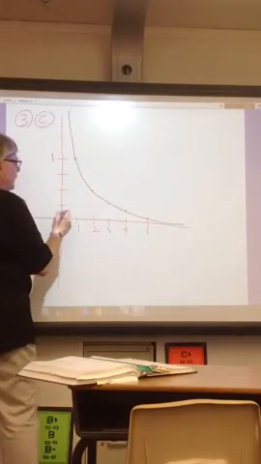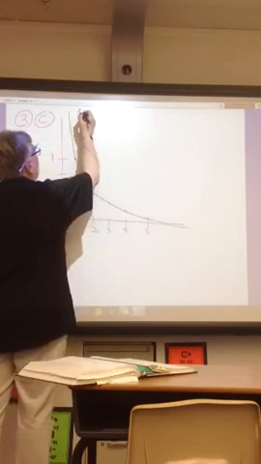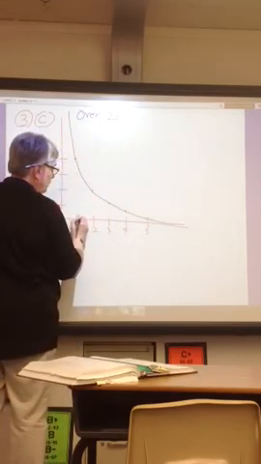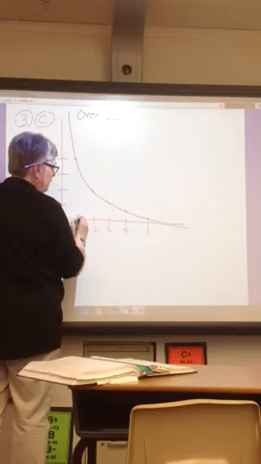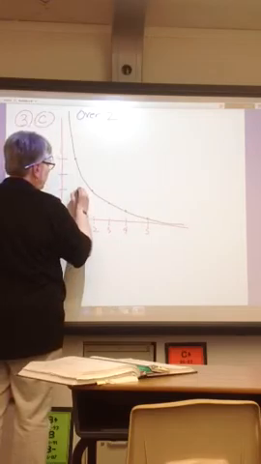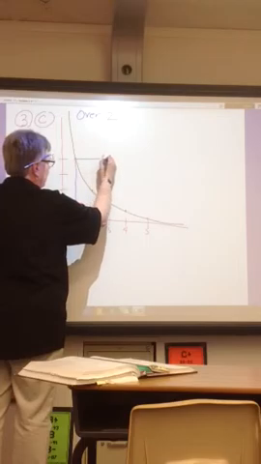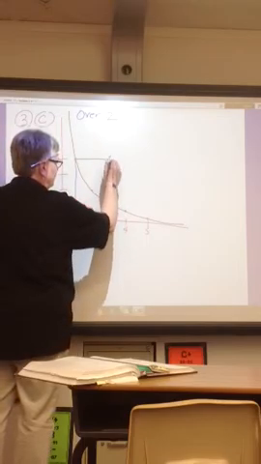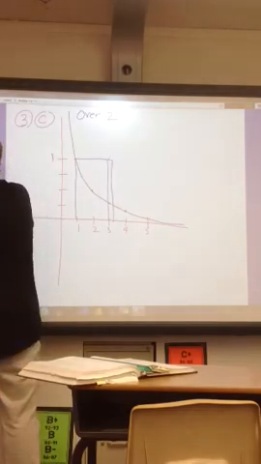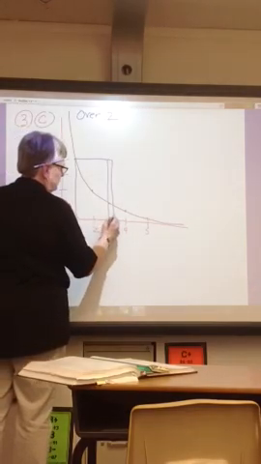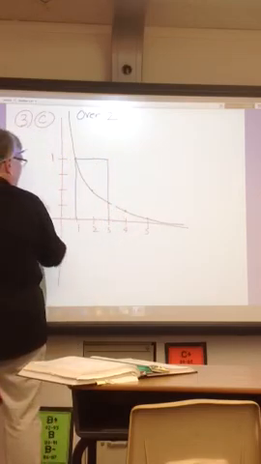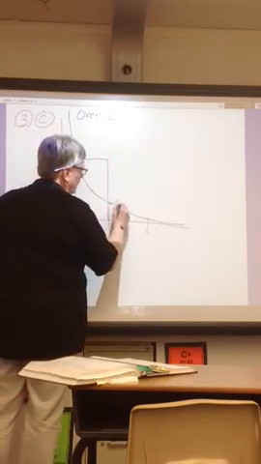Now, when they say I have to use the over, and I need 2 rectangles, I'm going to start here on the right side.